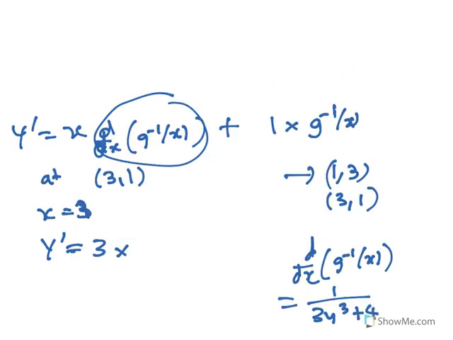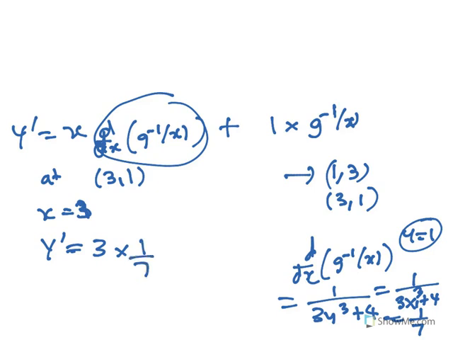And we want that when y equals 1, and that's x equals 3. So 1 over 3 times 1 squared plus 4, which is 1/7. So that's going to be 3 times 1/7 plus g to the minus 1 of 3.